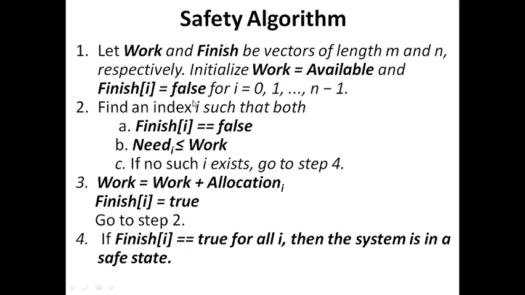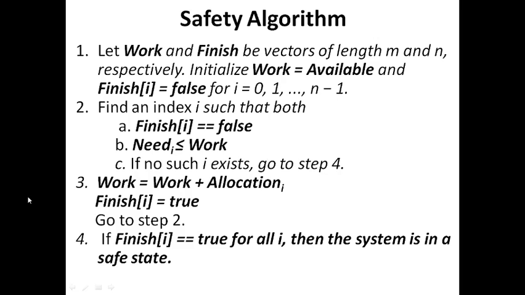The safety algorithm just has to do one thing: it has to check whether it can find a sequence to complete all the processes. So it has to check whether I can find one process which I can complete with the resources available, and if I complete that process, I will collect all the resources of that process. Now with the increased resources, whether I can find one more process in the same way and can complete it, and if I complete that also, I will be getting some more resources.